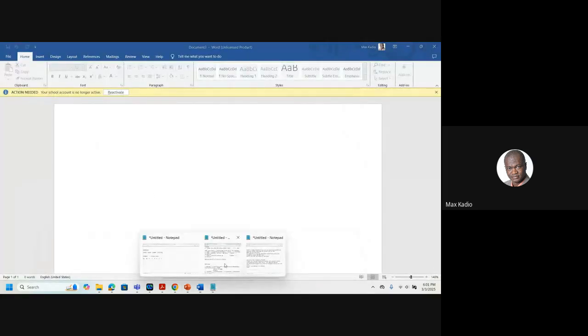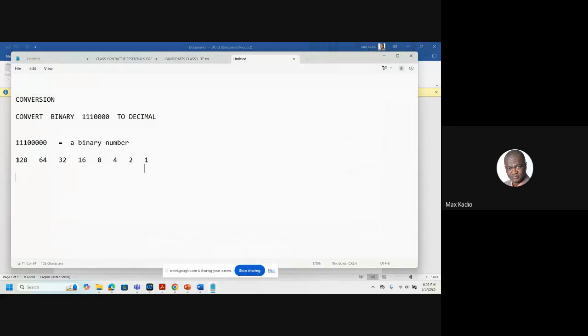So to do the conversion, it's very simple. You do a table. Now you put 0 under 1. 0 is here. Else I can do 1, 2, 3, 4, 5, 6. 1 is here. You see, it's here.